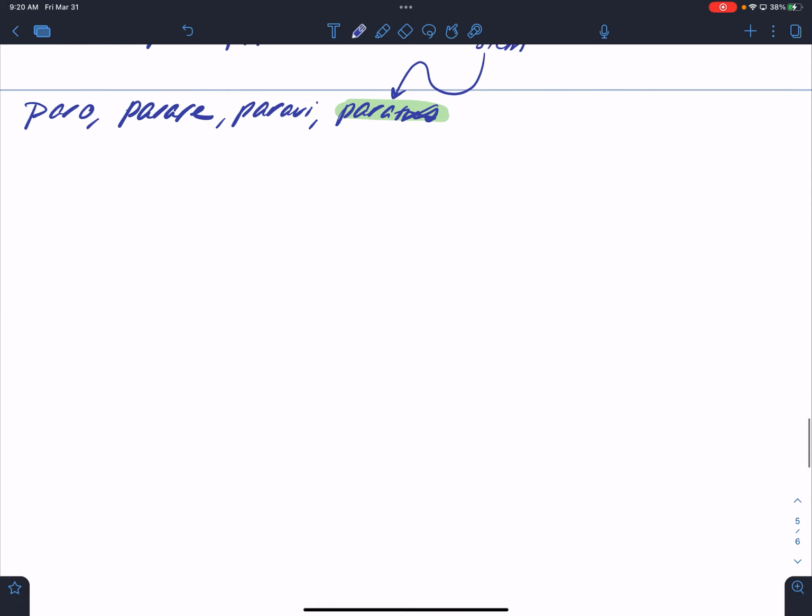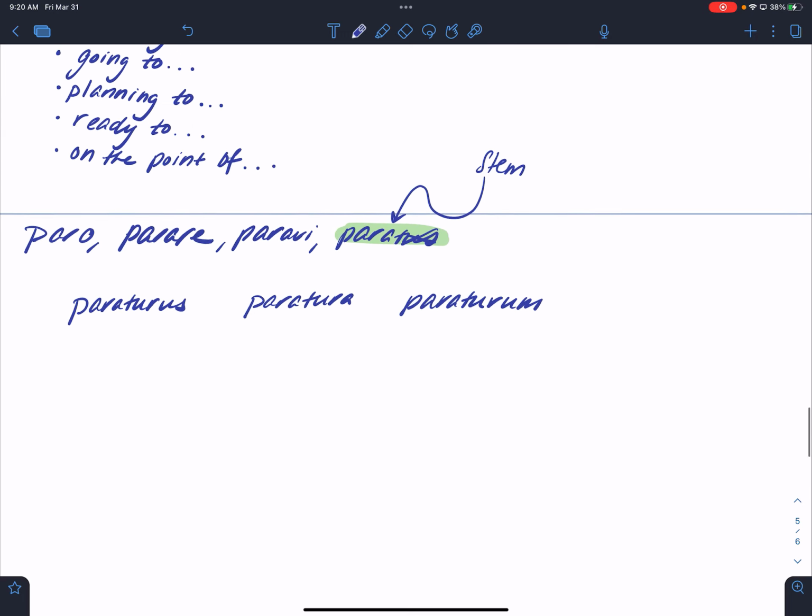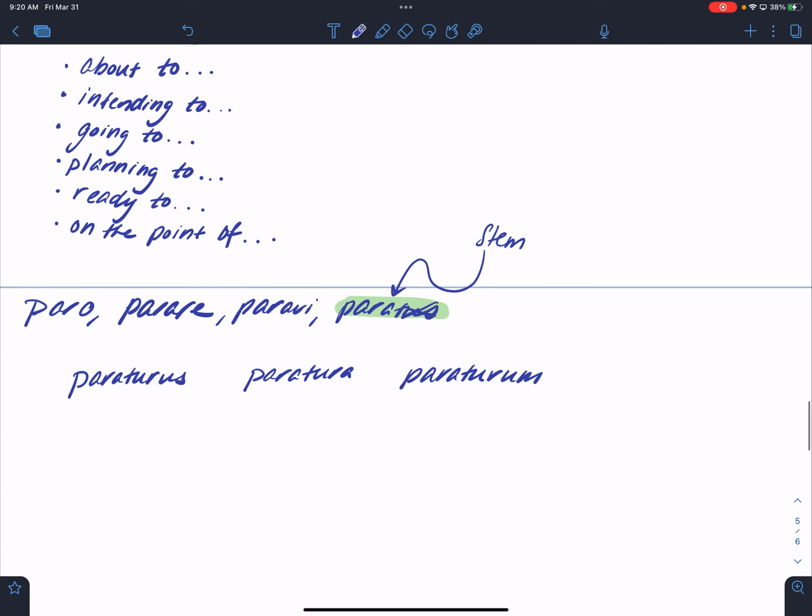So it's gonna be very similar to an adjective. Paratus. Paratus. Paraturus. Paratura. Paraturum. Can you scroll up slightly, so you can see the weird translations? There you go.